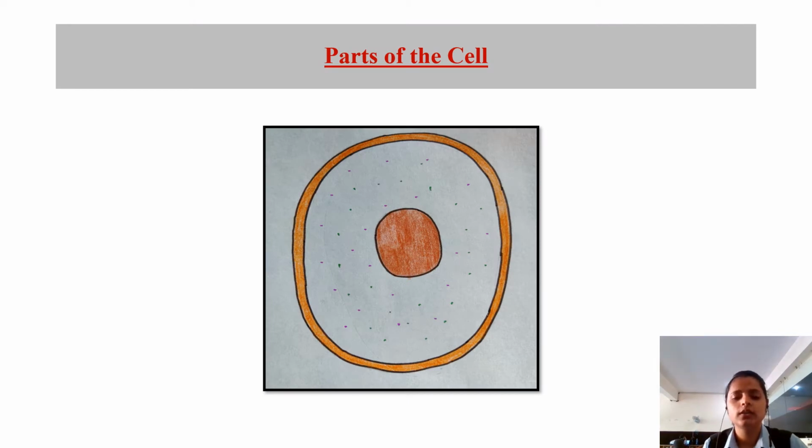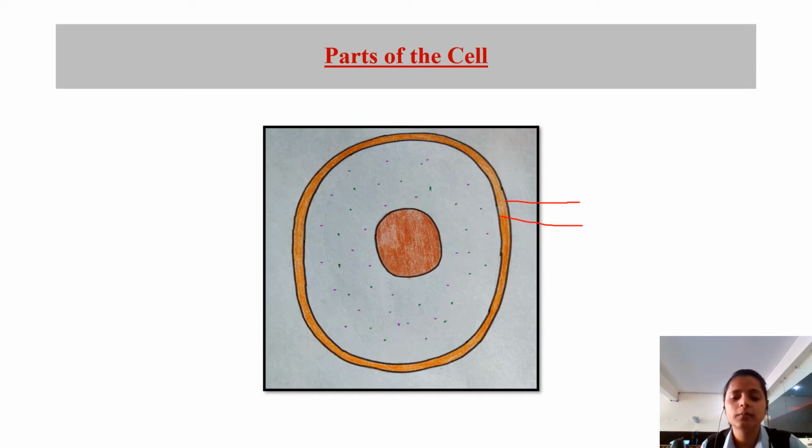Okay, so this is the picture of a cell and I want you to name the different parts of the cell. In this image we can see that there are 4 or 5 different parts. The first one, the outer part, is the cell wall, and inside it there is a cell membrane.